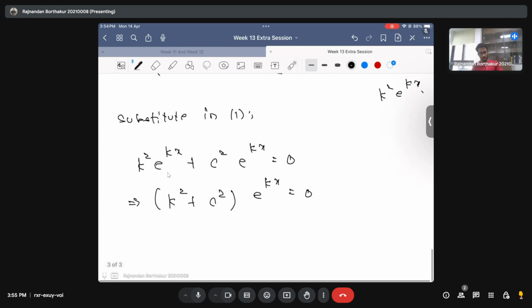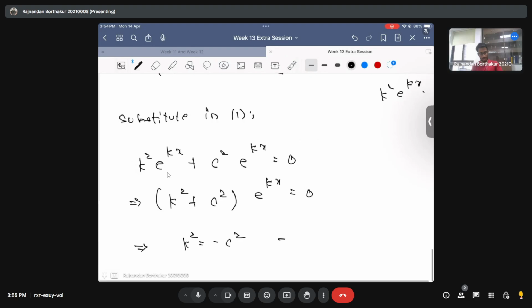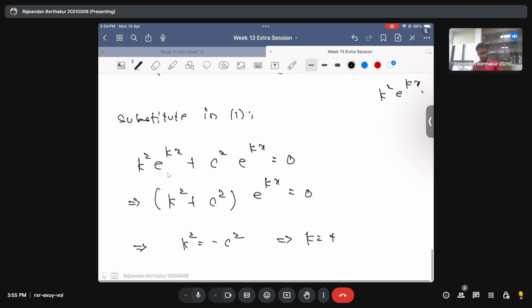And since e power kx cannot be equal to 0, because then it becomes a trivial solution, this means that k square is equal to minus c square, which means my k is equal to plus and minus i times c, where I know that i is equal to square root of minus 1. Okay.